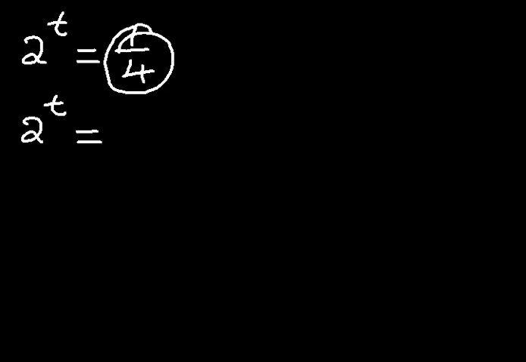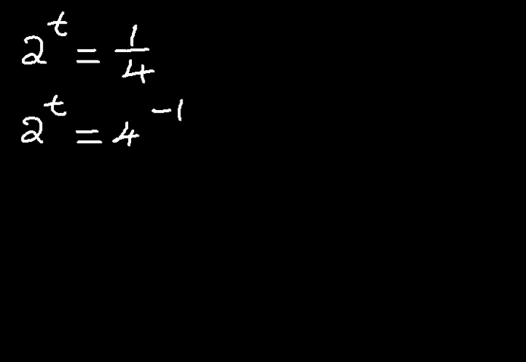And how about, let's say we have 2 to the power t, which is equal to 1 over 4. How should you handle this one? There's no possible way you can express 2 to have a lower base other than itself, so we'll have it as it stands. But we can do something with 1 over 4. Using the laws of indices, this is the same as 4 to the power negative 1.